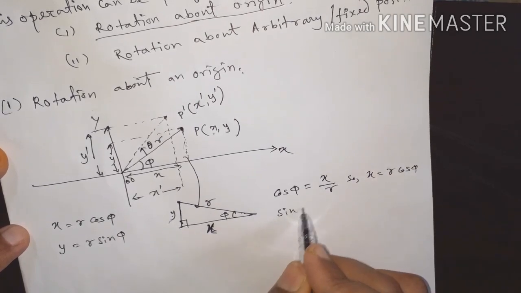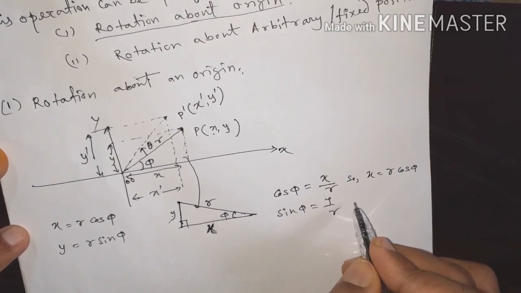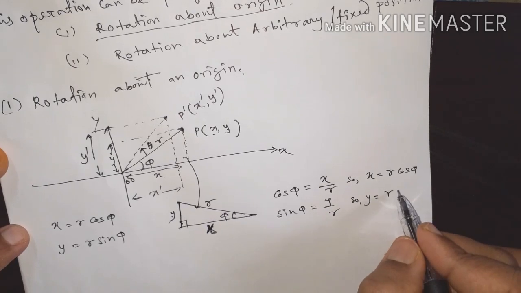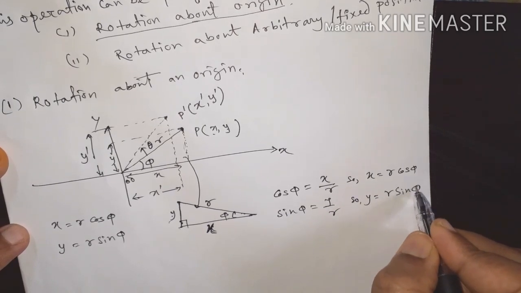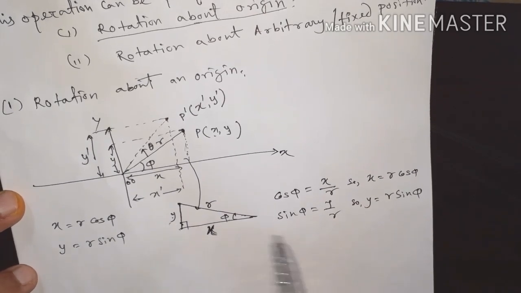Similarly, sin phi equals y by r, so y equals r sin phi. This is the way I can relate them; both are the same.